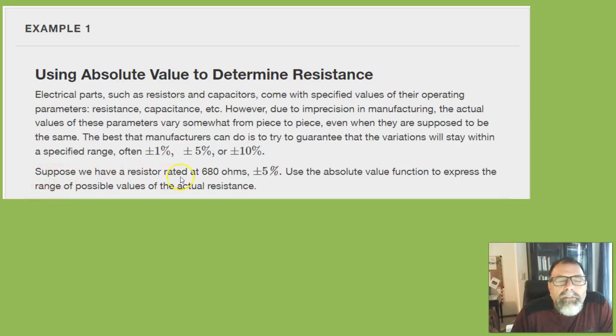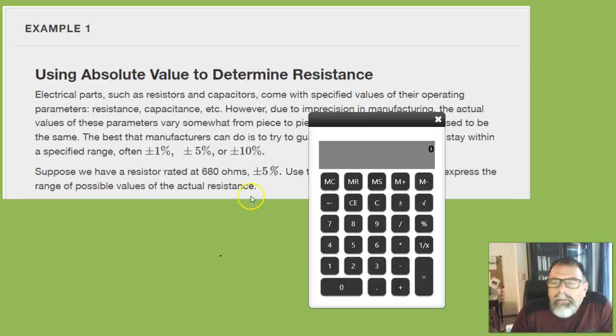Suppose we have a resistor rated at 680 ohms plus or minus 5%. Use the absolute value function to express the range of possible values of the actual resistance. Okay, so our first thing is to figure out what is 5% of 680. So 680 times 5%. 5% is 0.05.